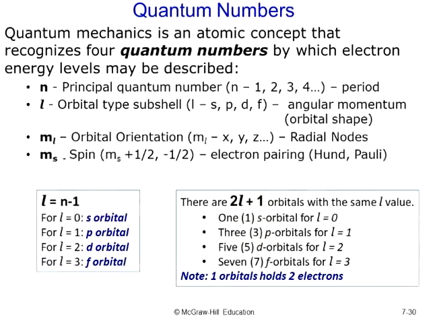When we have n equals 4, then that's an f orbital. So we go 1 through 4 here. So be aware of that in terms of being able to define. There are only 4 orbitals that you have to remember: the s, the p, the d, and the f. That's it.